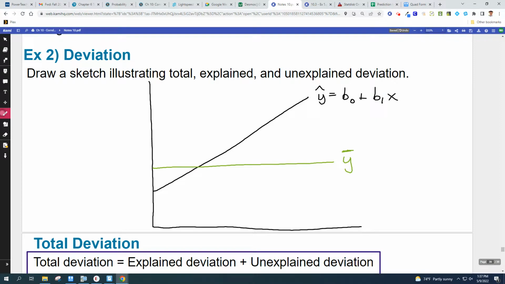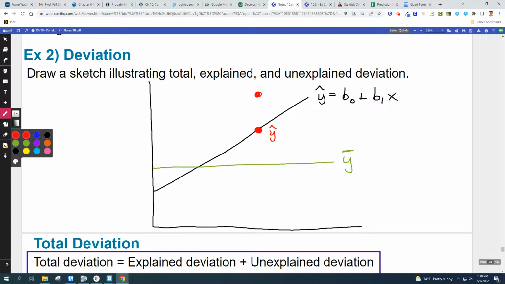Now, over here, kind of in the middle, I want you to find some place on the line and put a dot on the line. All right. And that dot on the line is going to represent the predicted value, y hat. Now, directly above it, somewhere, I want you to make some kind of other point, right?